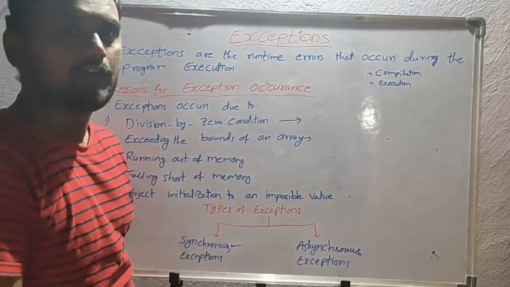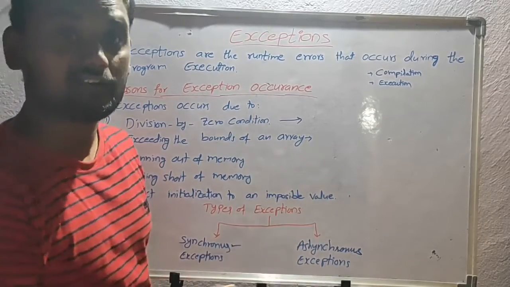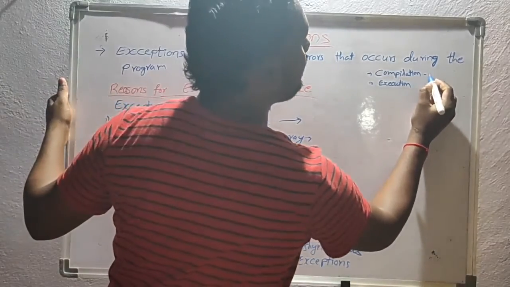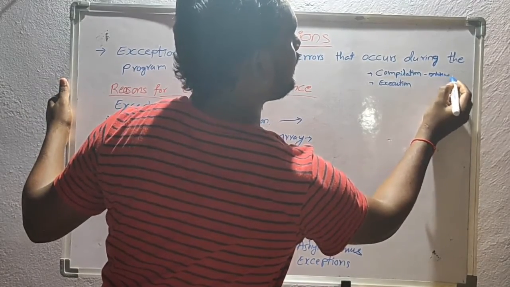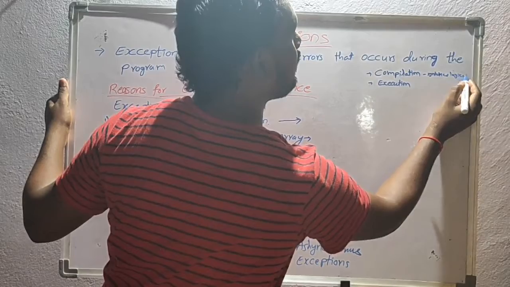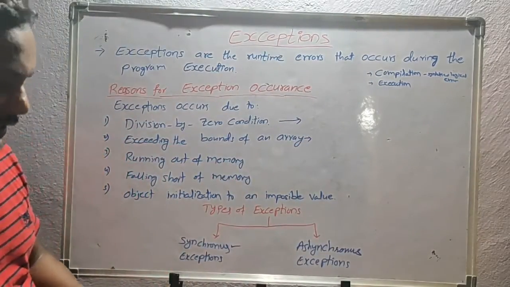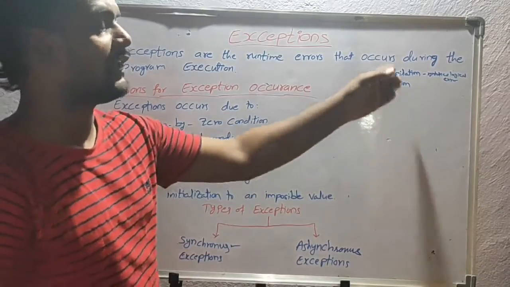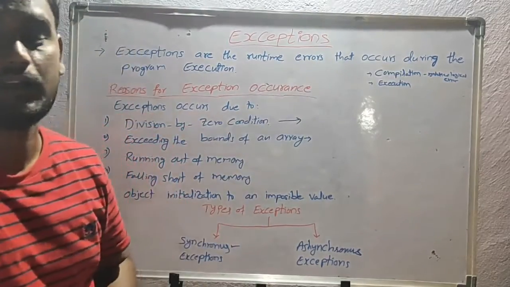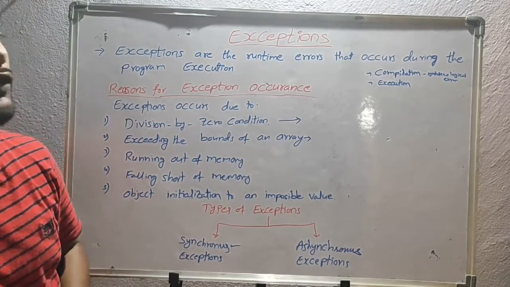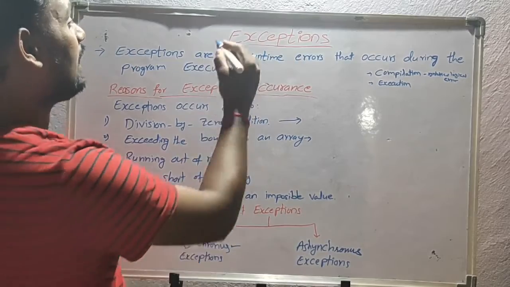Compilation means that at the time of compilation we can rectify the syntactical errors and the logical errors. These can be rectified at the time of compilation. And after that, at the execution time, sometimes we may get errors, and those errors are called exceptions.